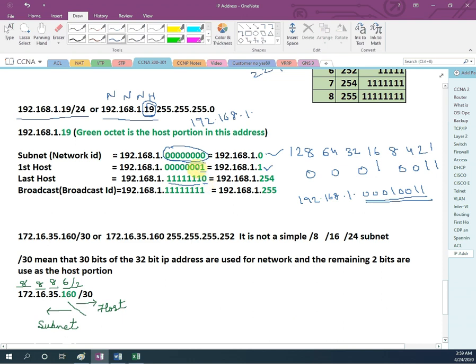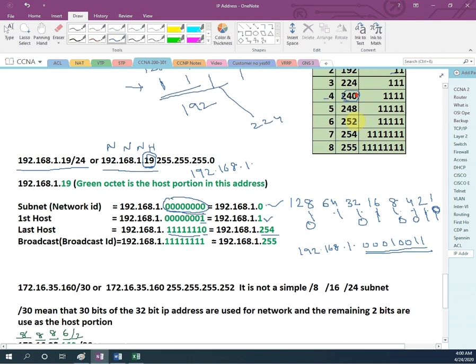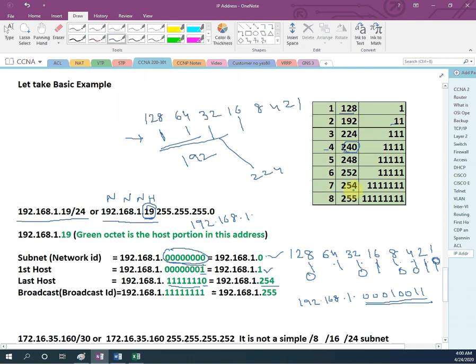We need to remember all these statements. So I write all 1s, only the last one is 0. If we add all of these, we will have 254. Or an easy way: we have 7 ones, and for 7 ones the table says 254. This is the box I told you, 254.